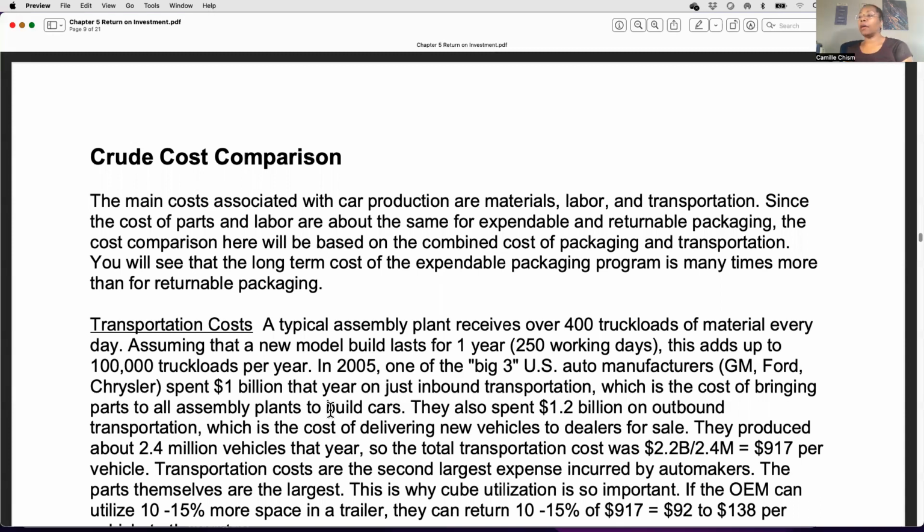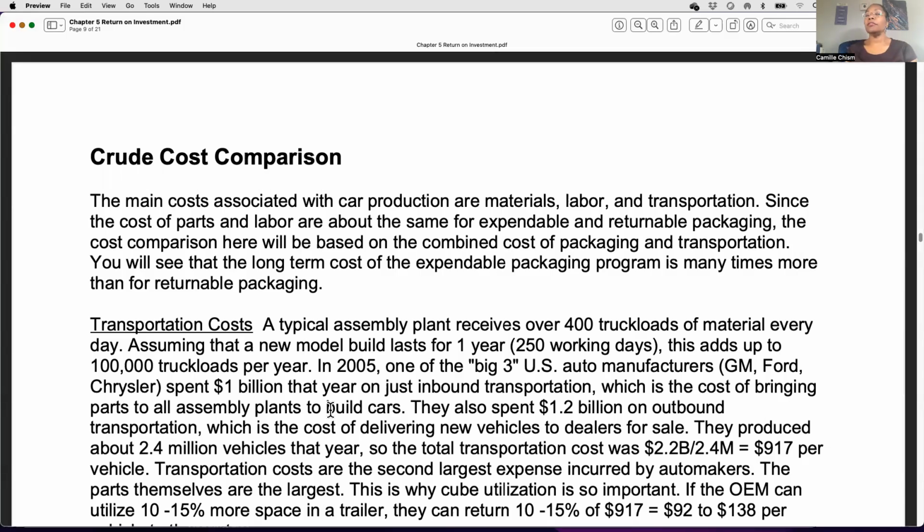And the reason why I'm harping on this is because with the returnables, you have an extra component of delivering the empties back. So you're sending a truck that doesn't have any parts in it, and it's very lightweight, except for the weight of the packaging that's going back.